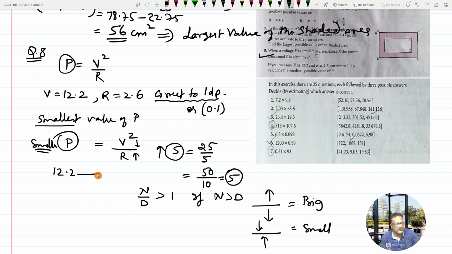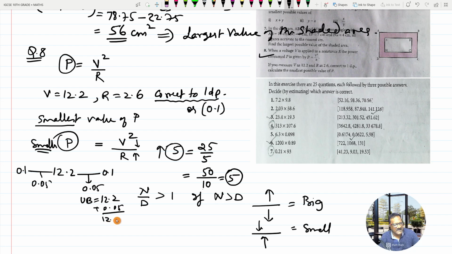So 12.2's upper bound and lower bound will be what? Now this is correct to 1 dp, that is 0.1, isn't it? So 0.1, I'll write here. Now what is half of 0.1? It will be 0.05. So my upper bound will be 12.2 plus 0.05.